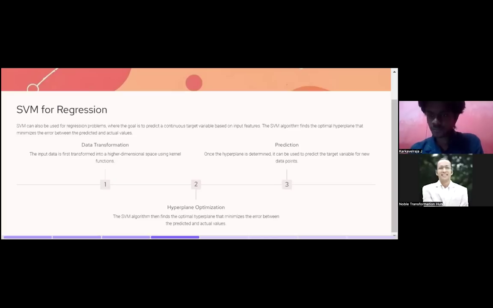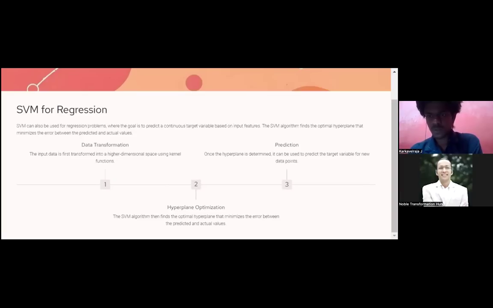The SVM algorithm finds the optimal hyperplane that minimizes the error between predicted and actual, and there the margin plays a role because there would be a distance between those data points.